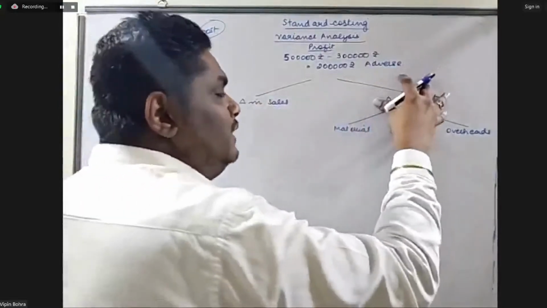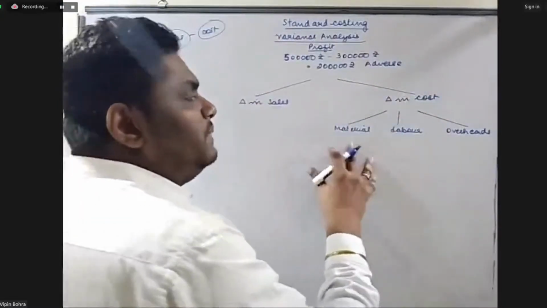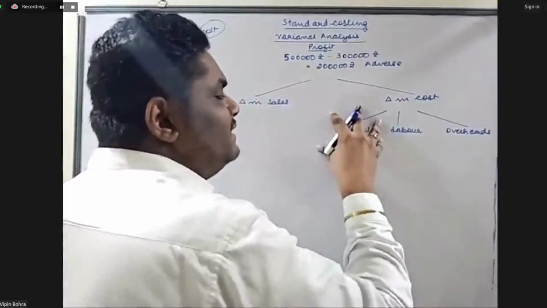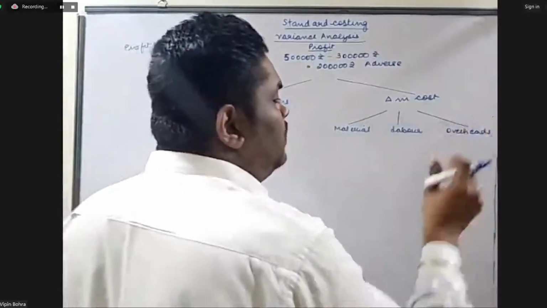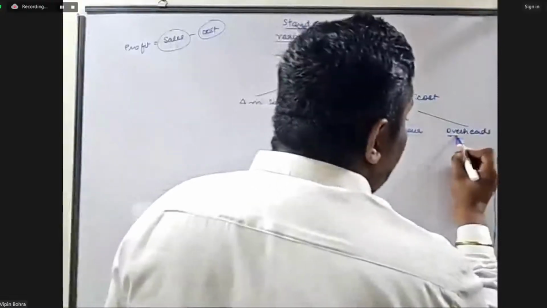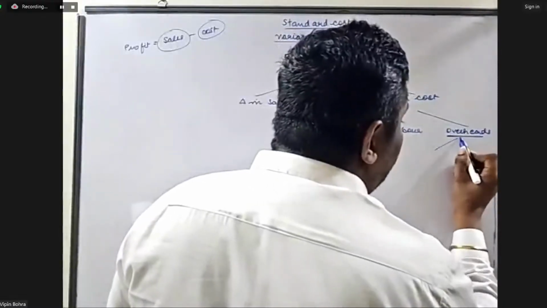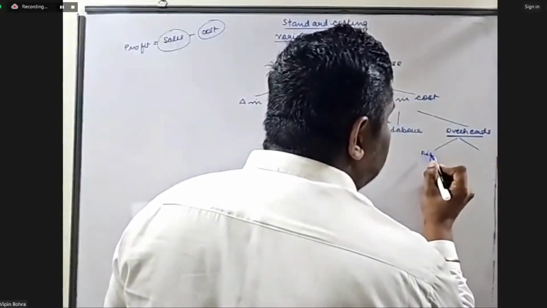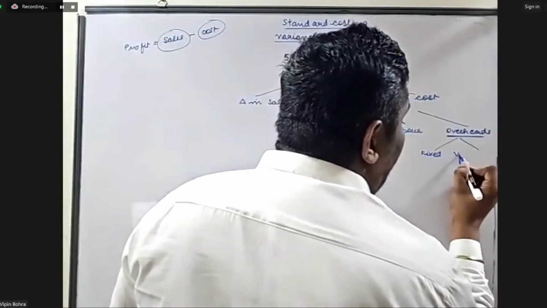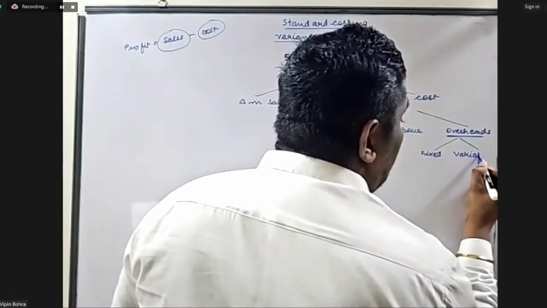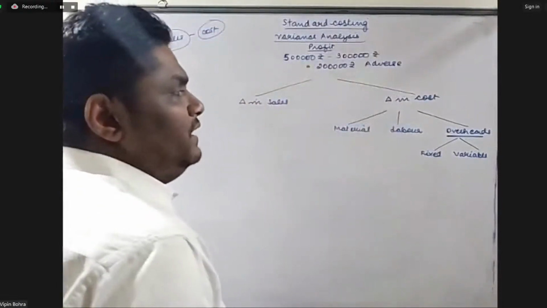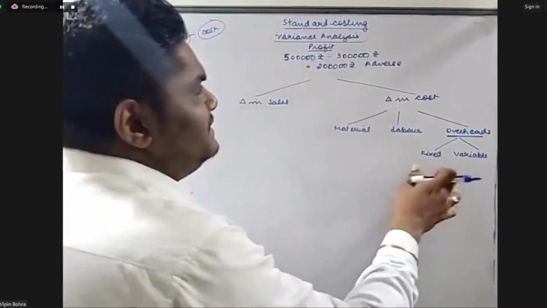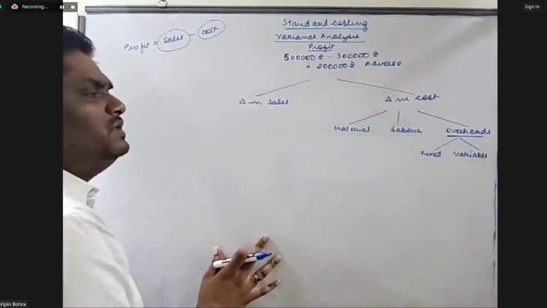When talking about cost also, we can break up this cost in three parts, that either there is something wrong in material department or labor department or overheads department. Further, these overheads can also be classified in two parts, that is fixed and variable. So these are the factors that contribute to this loss of rupees 2 lakh.